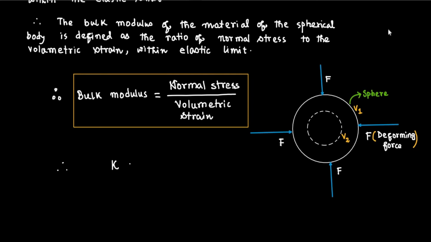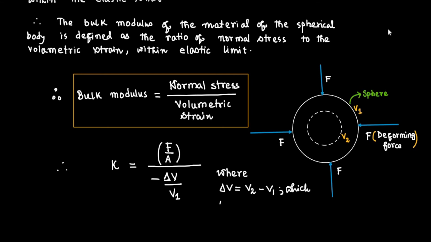Therefore, K equals F by A, which is the normal stress acting on the spherical body, divided by minus delta V by V1, where delta V equals V2 minus V1, which is the change in volume of the spherical body.